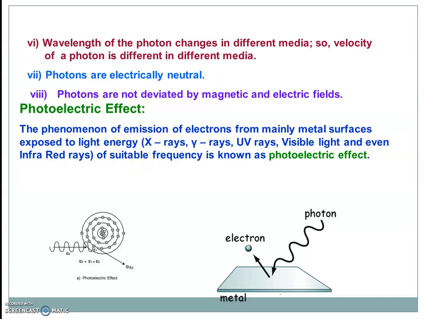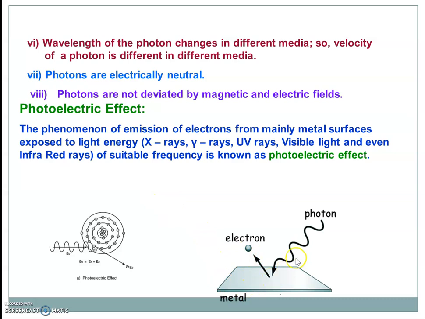Whenever some radiation is made to fall over the surfaces, mainly metallic surfaces, electrons get emitted from the metal surface, known as photoelectric effect. These radiations may be X-rays, gamma rays, ultraviolet rays, visible light, and even infrared rays.